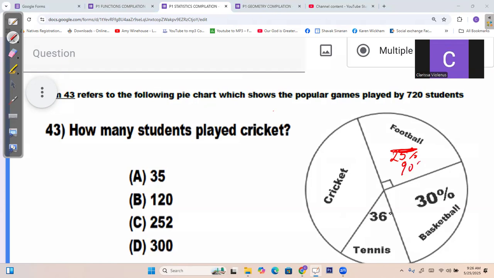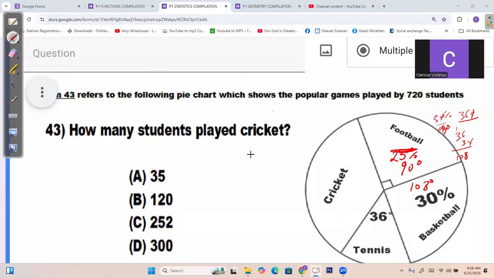So since this is the degrees, let's use the degrees. This would be 90 degrees, 30% of 360. What degrees is that? Let's see. So 3 times 36. 36 times 3. 18. 9, 108. So that means this is 108 degrees. So we add up these three, minus it from 360.